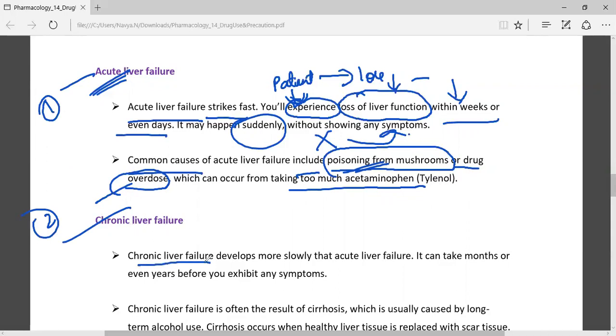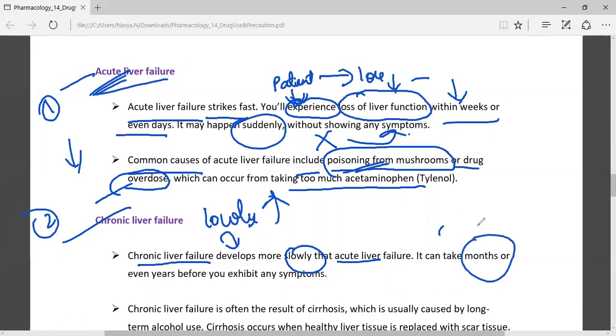Chronic liver failure develops more slowly than acute. Acute develops within days, within a week, or suddenly, but chronic liver failure develops very slowly by comparison. It might take months, not days, or even years before the patient exhibits any symptoms.